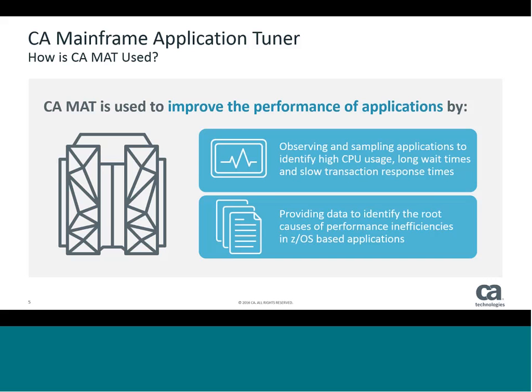Because we're a sampler, we don't need to watch everything 24/7 as a monitor typically does. So typically, we're going to look at an application for about 5 or 10 minutes. We're going to take anywhere from 10 to 20 samples, and that's more than enough for us to be able to see what's driving the performance opportunity. As I said, we're going to tell the application perspective of where the performance is within your application code.